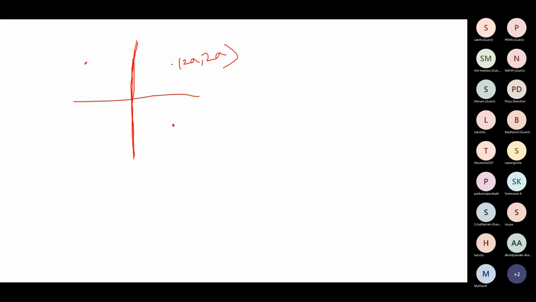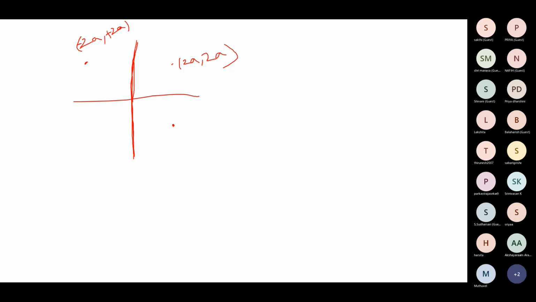The coordinates will be the same, 2a, 2a, but in the second quadrant, the x coordinate is negative and the y coordinate is positive. So it will be minus 2a, 2a.